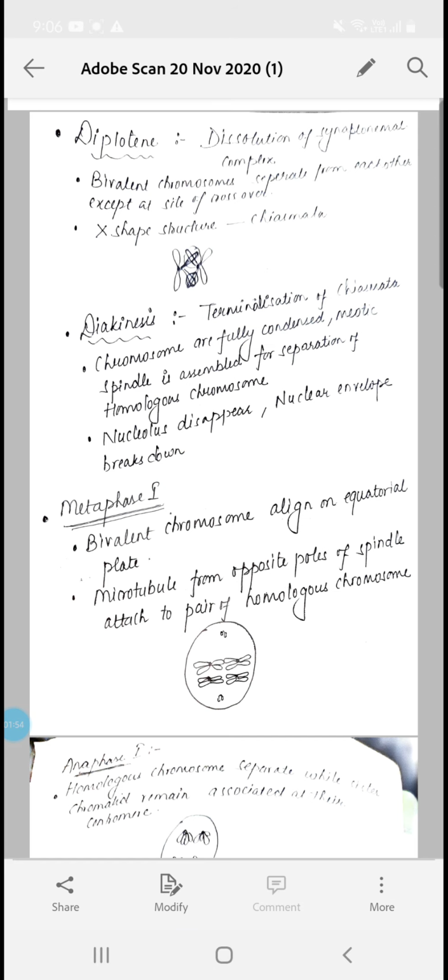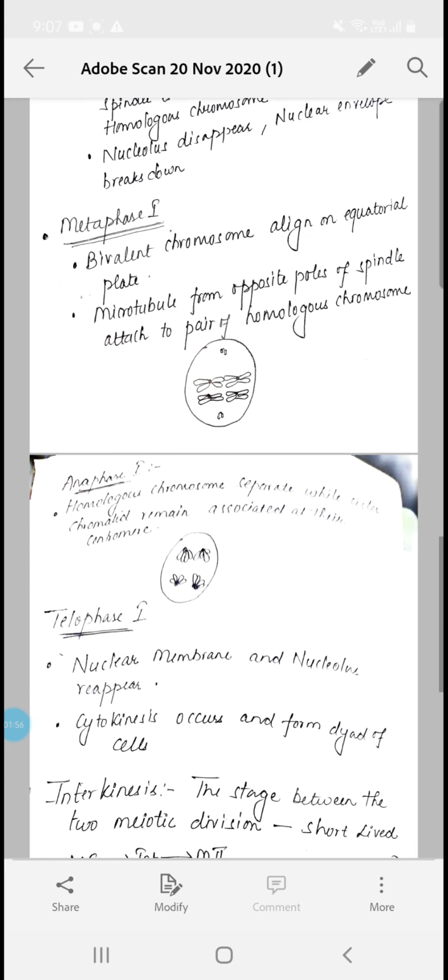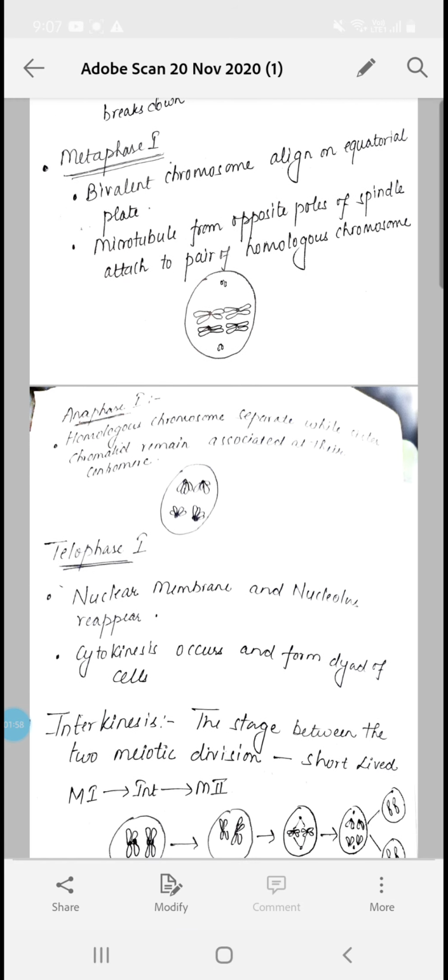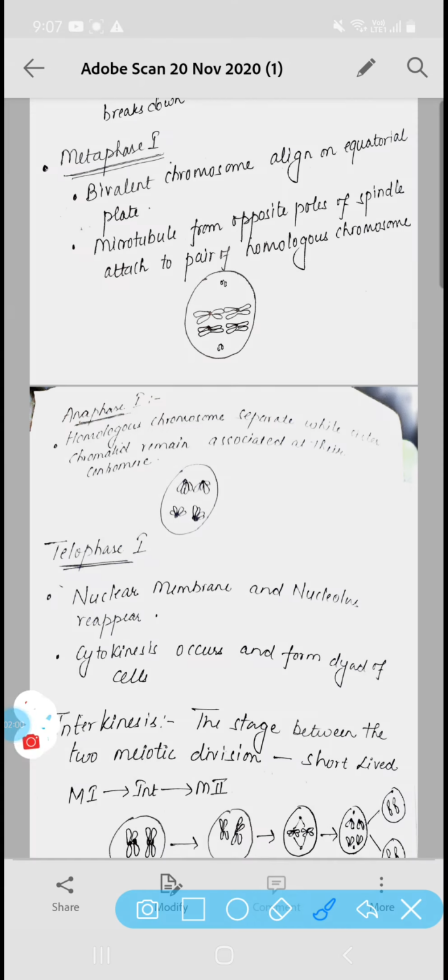Now we come to the next stage after prophase. We all know, as we have studied in mitosis, the next stage is metaphase. So metaphase 1 of meiosis 1 undergoes different kinds of changes, as the bivalent chromosomes that were formed during prophase 1 all align on the equatorial plate.